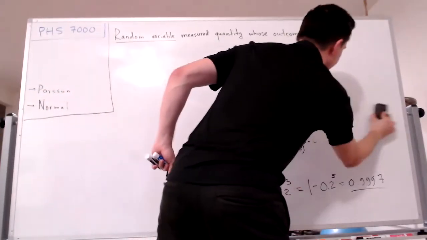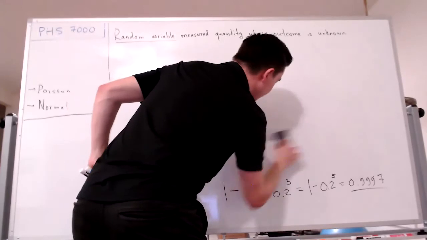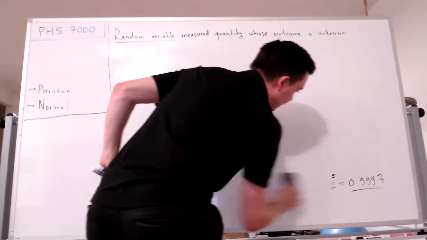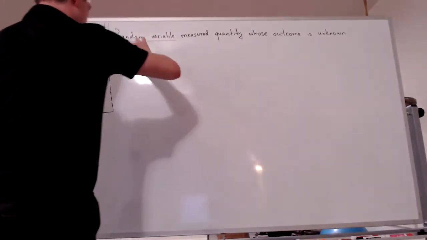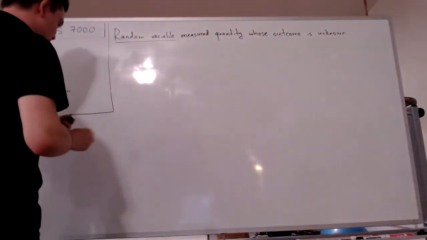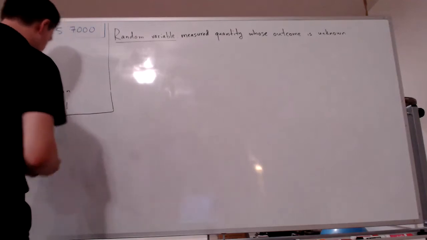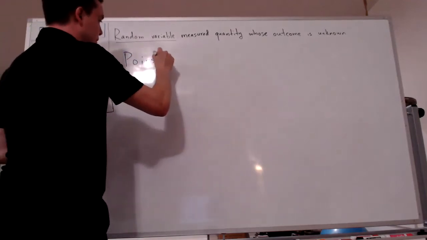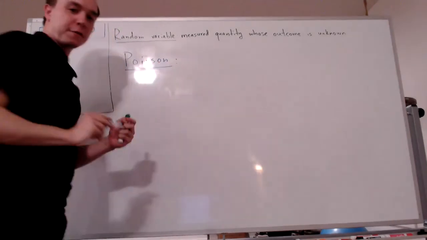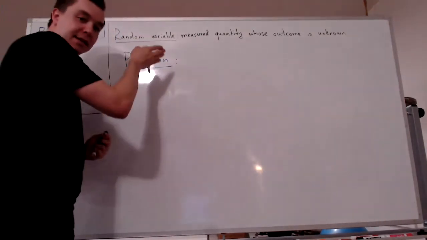The next distribution also models counts, but a little bit differently. And it is called the Poisson distribution.